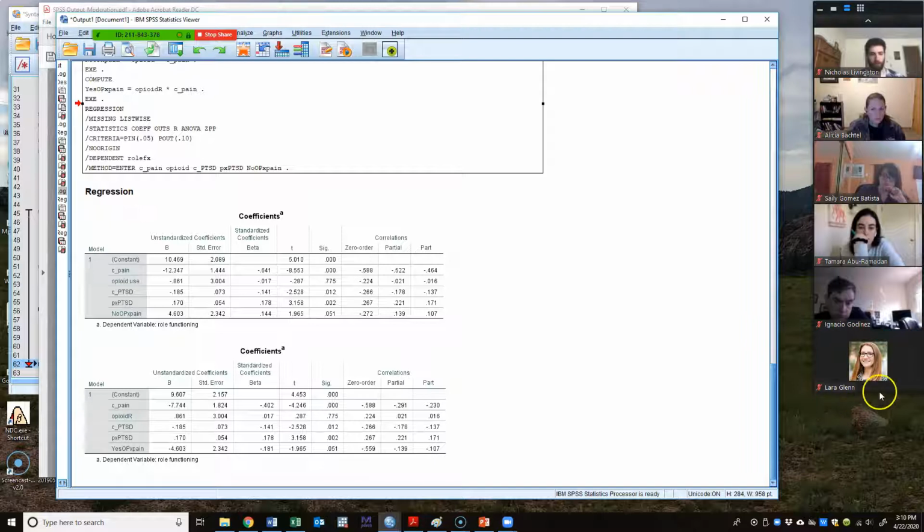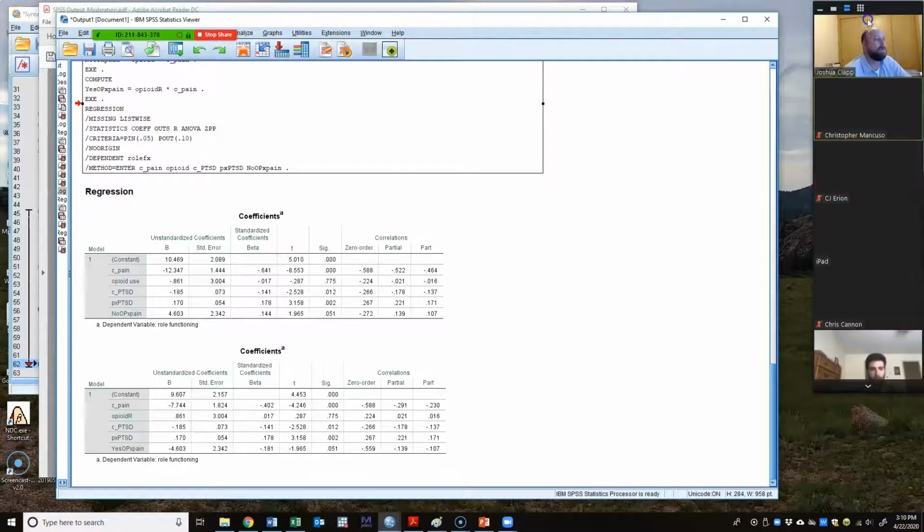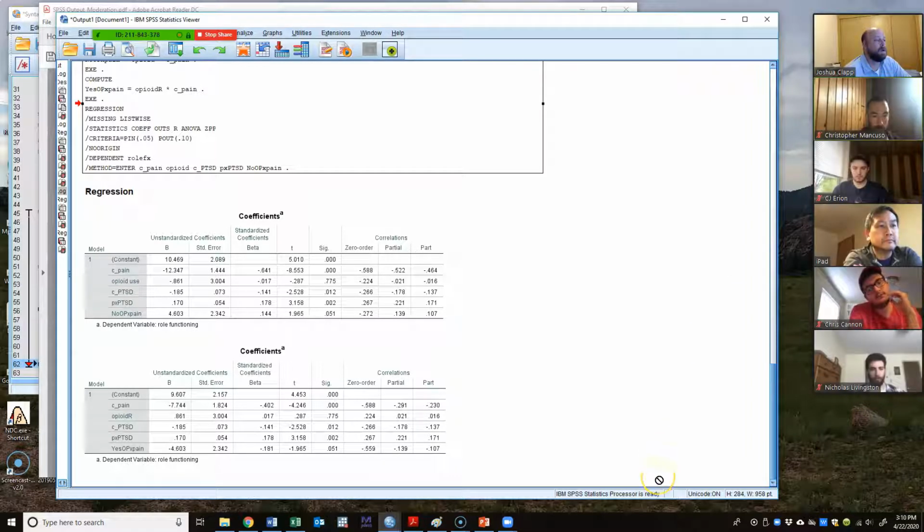Could I have used this as my starting model? What do people think? Did I need to center opiate use, or could I have just started with this?